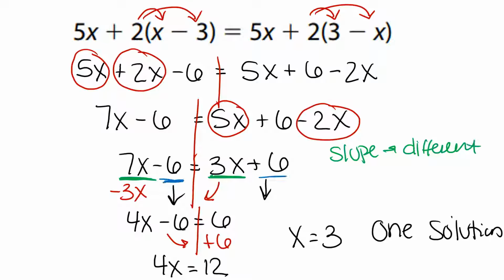The minus 6 and the plus 6, the y-intercept, are different. When they're different, they have to have different signs as well. This one's a minus 6, that one is a plus 6. They are different. Different slopes means a one solution problem, which we've proven with x equals 3.